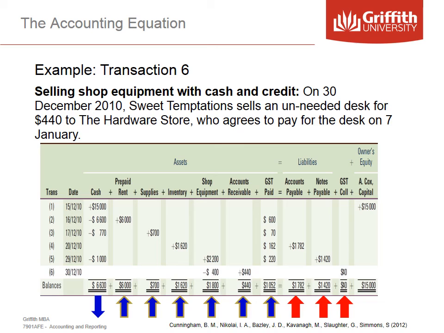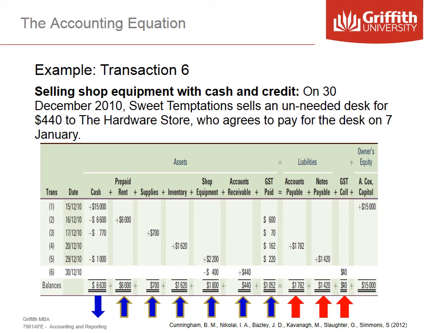In particular, understand the duality that always applies to every transaction, and understand that the reason for that is so that the accounting equation always remains in balance, by which we mean that little equals sign there is true, and that the sum total of all of the liabilities and all of the owner's equity will always be equal to the sum total of all of the assets.